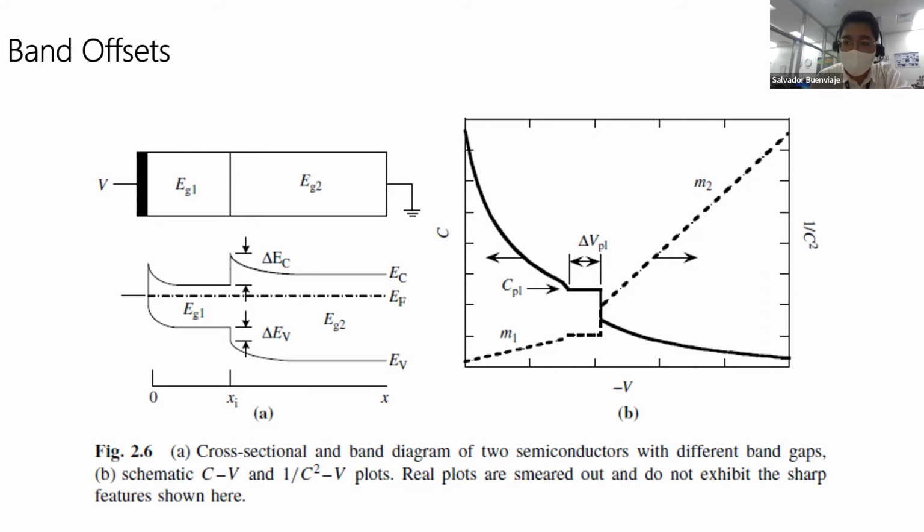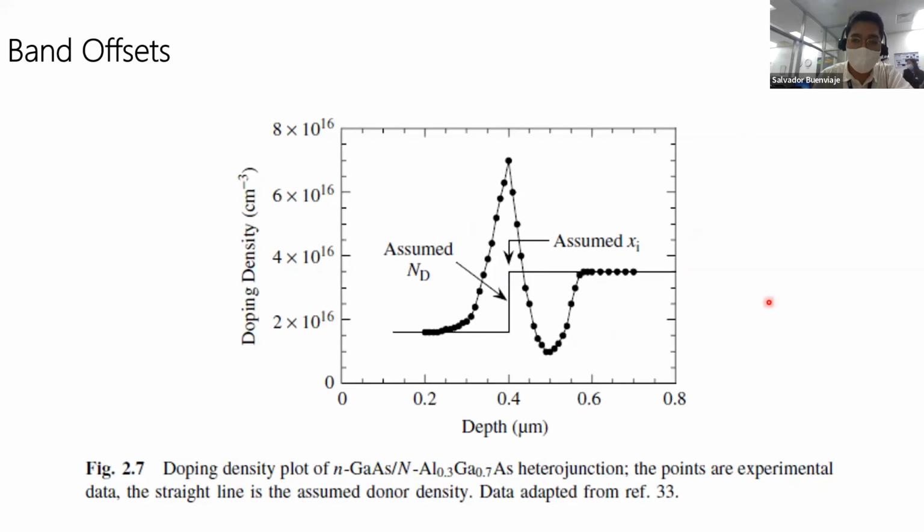The doping density profiles are determined from M1 and M2, so this one and this one. The plateau capacitance CPL is related to the thickness of the narrow band semiconductor, and the plateau voltage VPL is related to the band offset. So that's for this diagram.